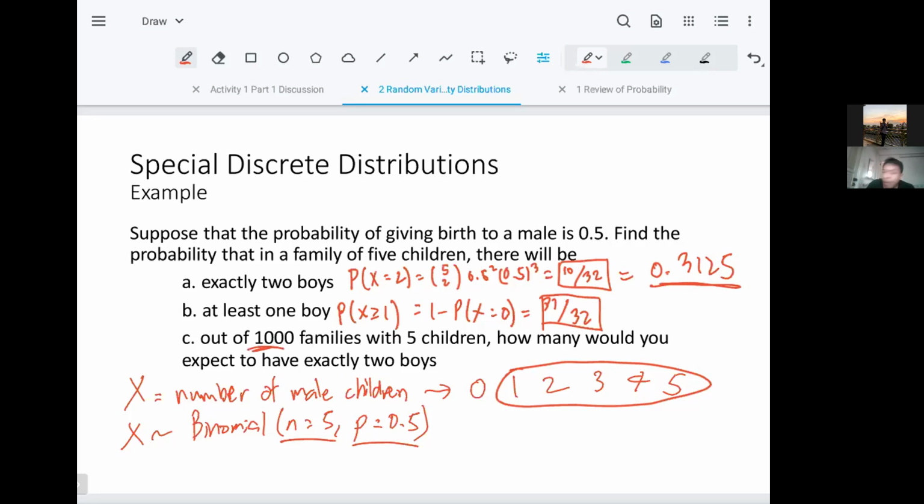If we have 1,000 families in total, what's 31.25% of that? That's 312.5. Since we're talking about families, it's okay to round off. So about 313 families, you're expecting them to have exactly 2 boys. So ganun siya sagutin. Tapos na agad, ABC. Kaya important si steps 1 and 2.